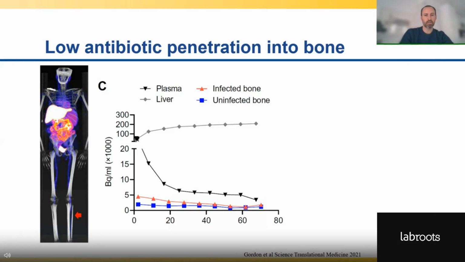And what they found is over time that there's a significant amount of antibiotic buildup in the liver and initial buildup in the plasma that's reduced over time. But interestingly enough, there's a significant reduction in the amount of antibiotics that are found in the infected and uninfected bone, suggesting that a reason that antibiotics may not be very effective in bone infections is the low penetration into the bone tissue.